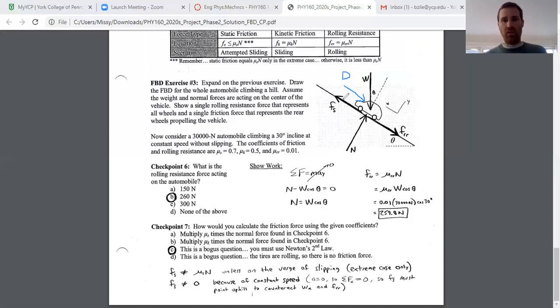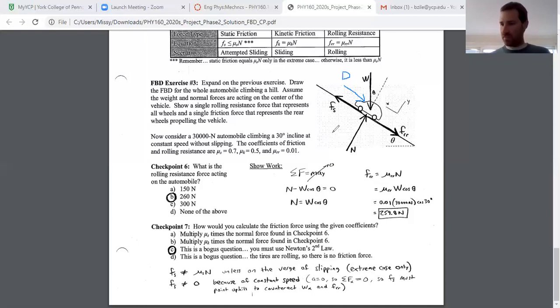So this friction force from the road is your propulsion force. That's the force that's actually causing the car to move. And that's the one difference from phase one, where you had a tow truck or something else attached to the car. That's why we had an applied force for that. In this case, there's nothing else attached, so your applied force is only static friction.